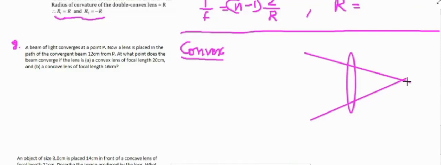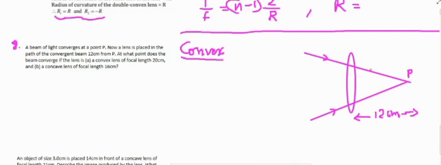So the question says that the beam converges at the point P, and that point P is 12 centimeter away.